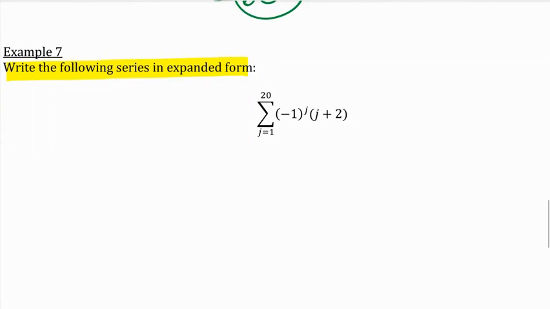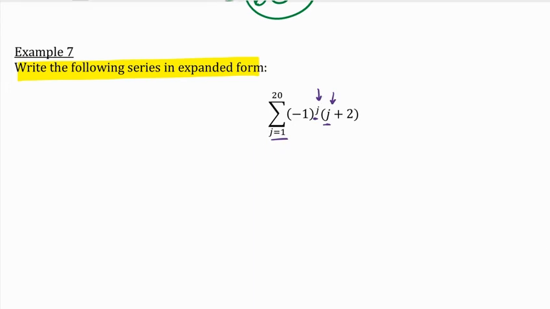There's kind of a reason that's the directions on this one. Okay, so this time we're going to start where j equals 1. And then there's our j that we're going to replace with the number each time. But we have 2 j's this time, right? So an exponent, we've got to plug it in there, and we have to plug it in there in part of our term too. Okay, so to write out the first term, I'm going to do -1 to the j. So our first j is to the first power. And then j plus 2. So 1 plus 2.